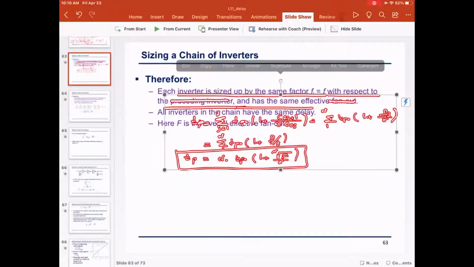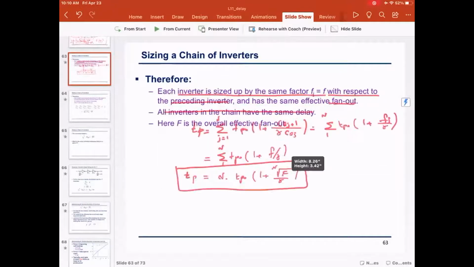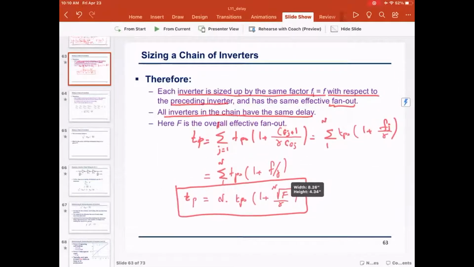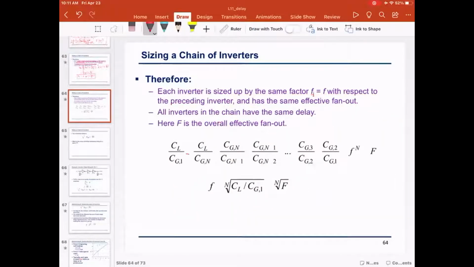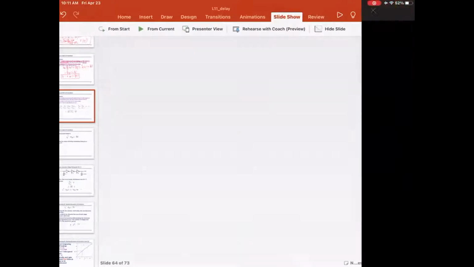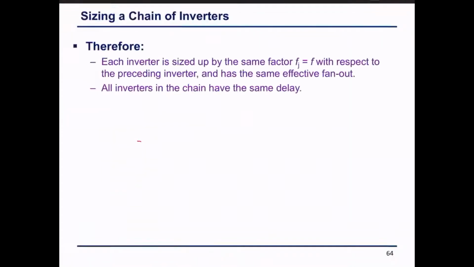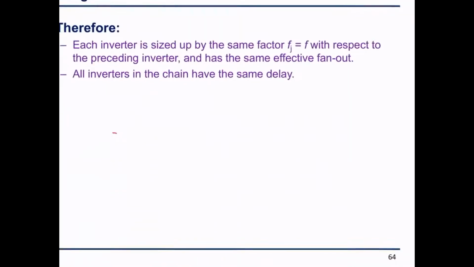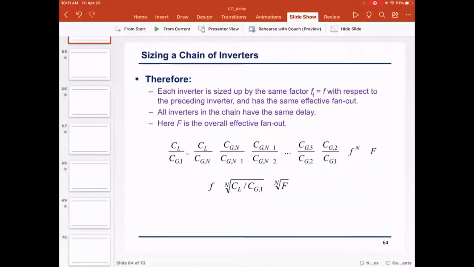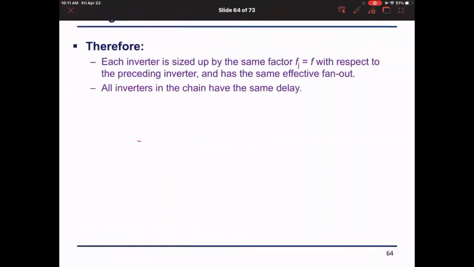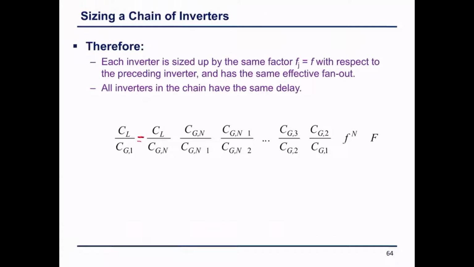What did we just find? We just found a little while ago that this ratio, let me just go back here, that this ratio here, C load over CG1, is the product of these ratios. Is that clear? Yes.